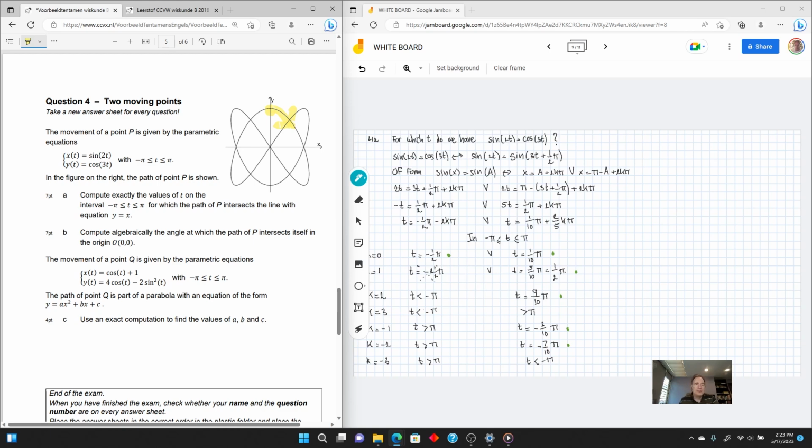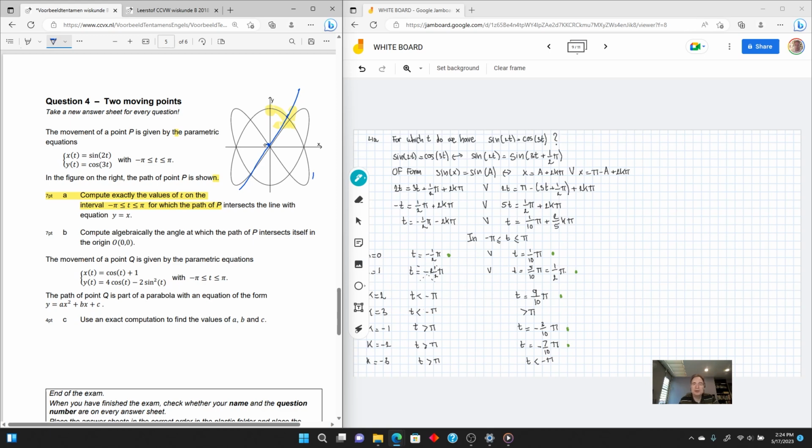Okay, what are they asking again? Oh, okay, so at a certain moment it will intersect with the line y equal to x. Let me draw that. This is this line roughly. So yeah, it will intersect.